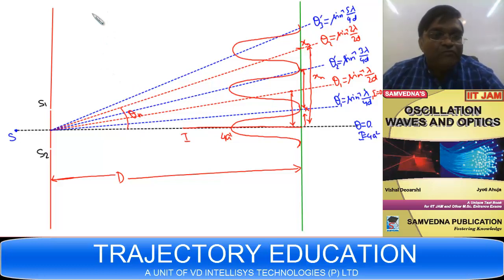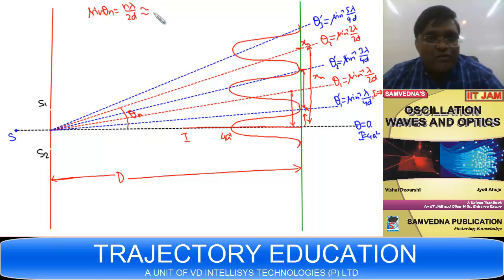Then this angle will be theta n. So you can say sin theta n is n lambda by 2d. These theta n's are very small because lambda is small.